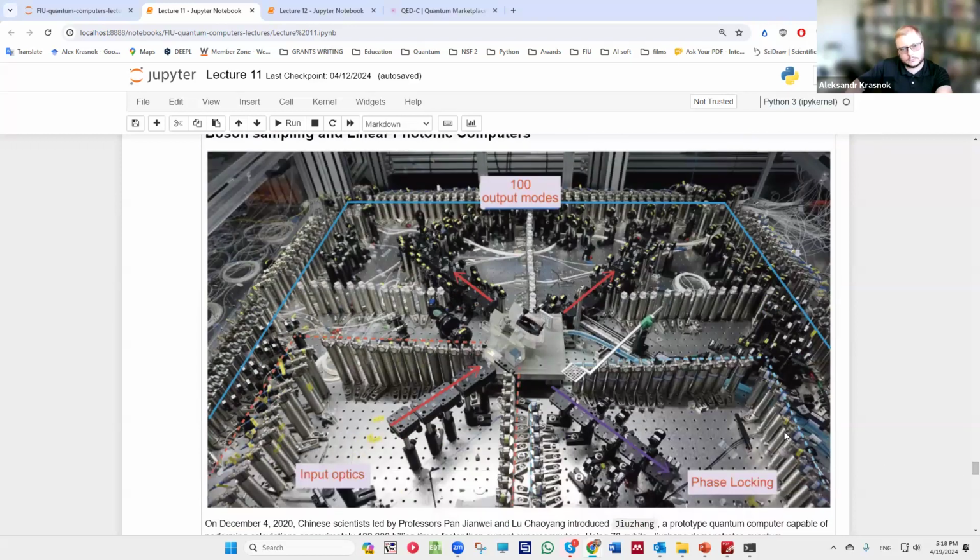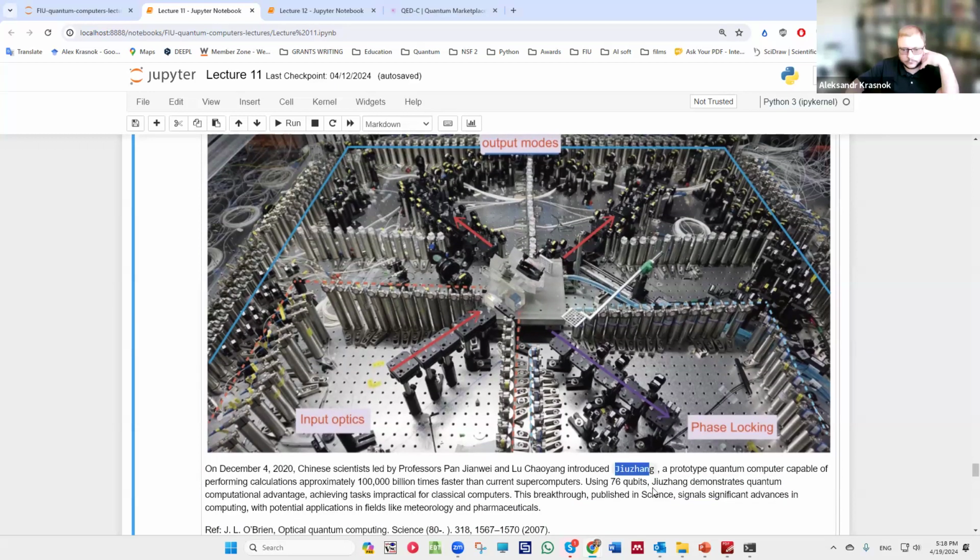Anyway, people work in this area a lot, and as a state of the art, I demonstrate to you this photonic quantum computer that was reported very recently, a few years ago, by a Chinese group. The main fact about this system is that it is linear optical computing.